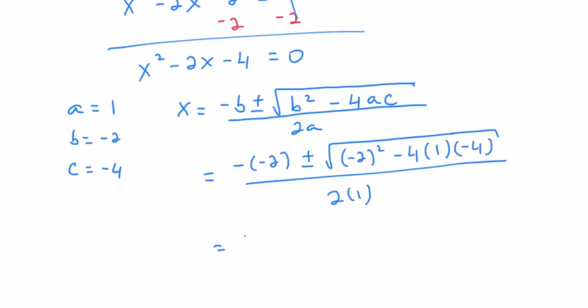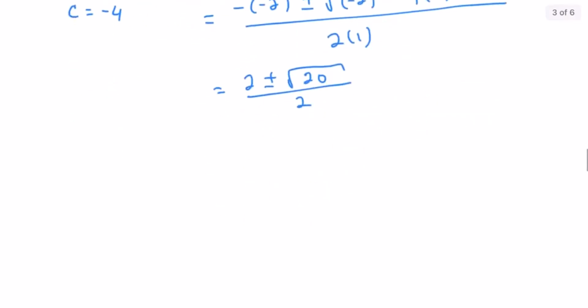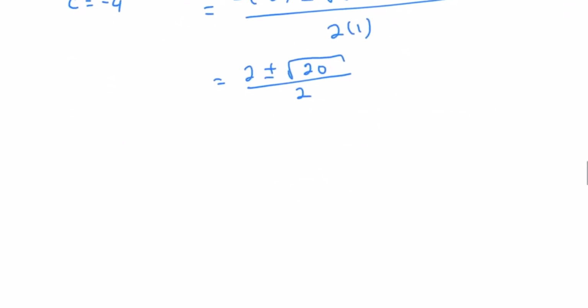Simplify it, so this is 2 plus or minus the square root of, and then calculate the inside of the square root, so we have 20, over 2. So here, 20, that is 5 times 4. 5 is a prime, 4 is 2 times 2.